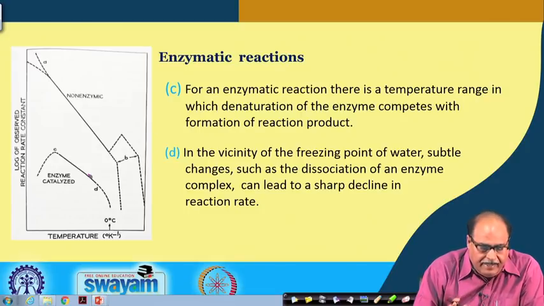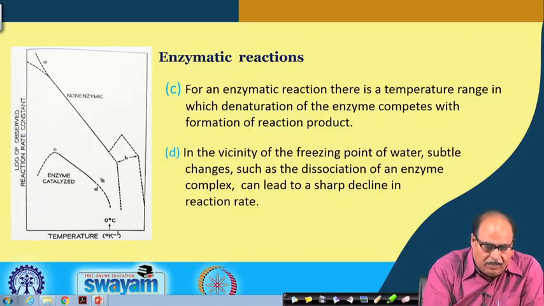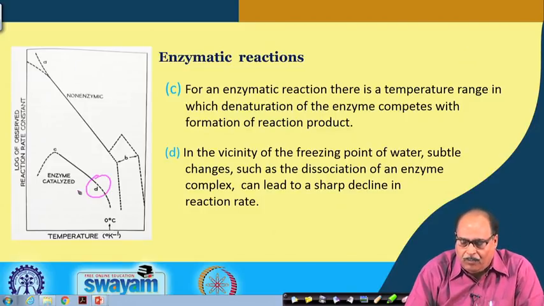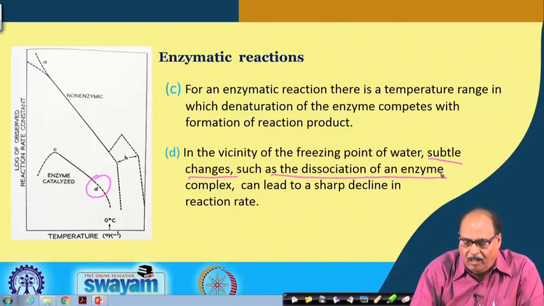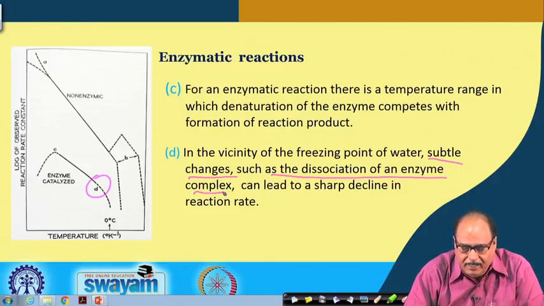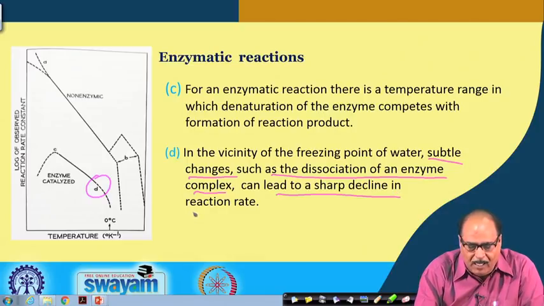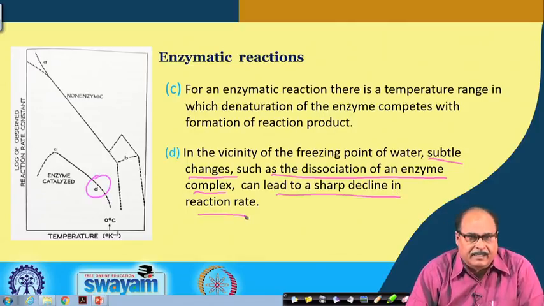On the other hand, in the enzymatic reaction also, in the vicinity of the freezing point of water, subtle changes such as a change in the dissociation of an enzyme complex or other such changes can lead to a sharp decline in the reaction rate.